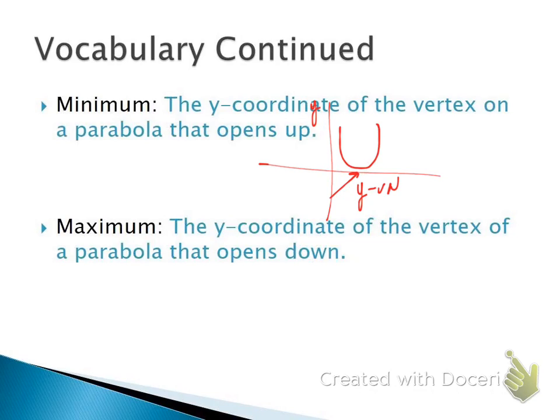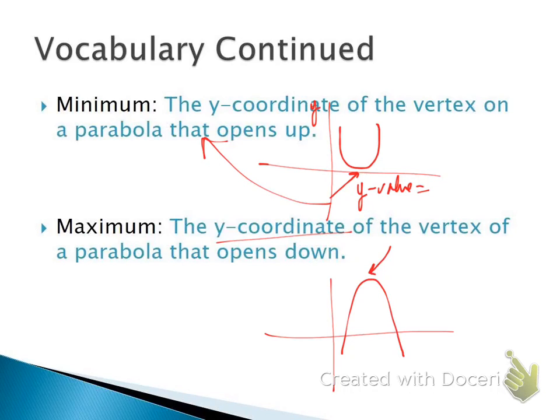So the y value would give you your minimum value. Okay? So if it opens up, we're going to talk about the vertex being the lowest point and the function having a minimum value. If it opens down, then the vertex would sit at a highest point, and then the y-coordinate would give us the maximum value.